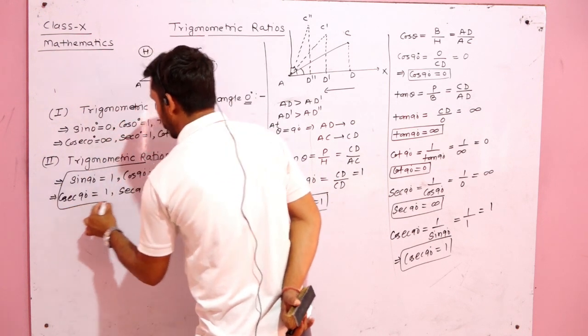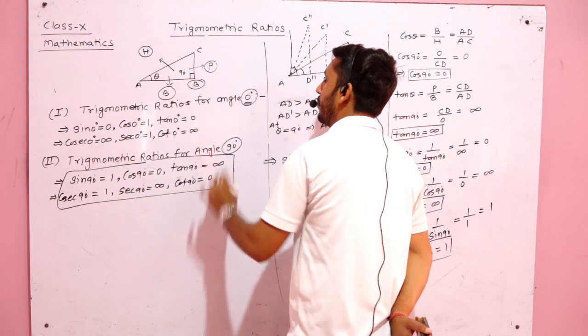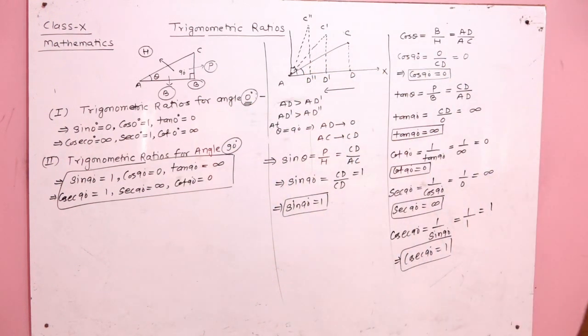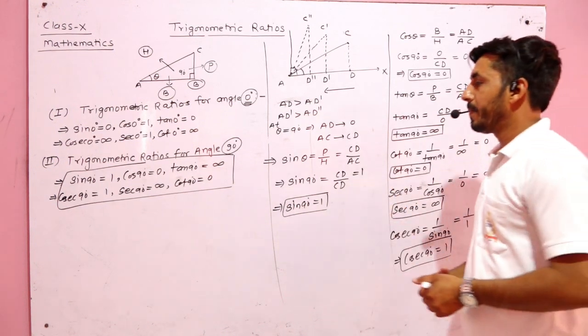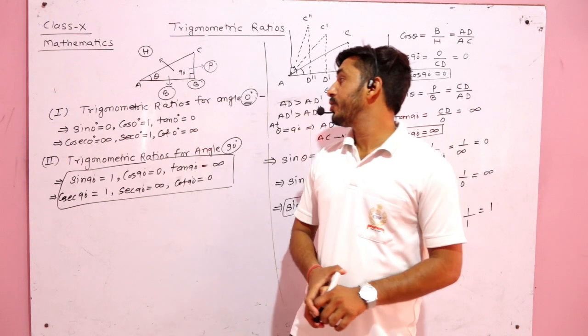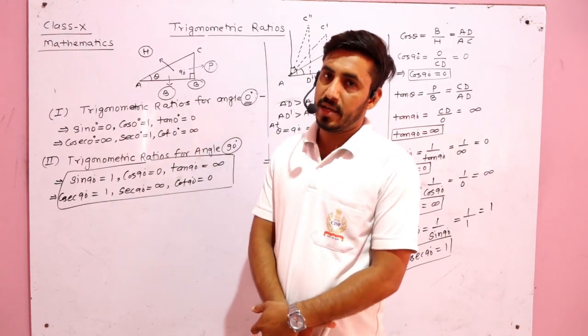These are the trigonometric ratios for angle 90 degree, and before we obtained the trigonometric ratios for 0 degree. You note down. Today we have discussed trigonometric ratios for two types of angle, 0 degree and 90 degree.